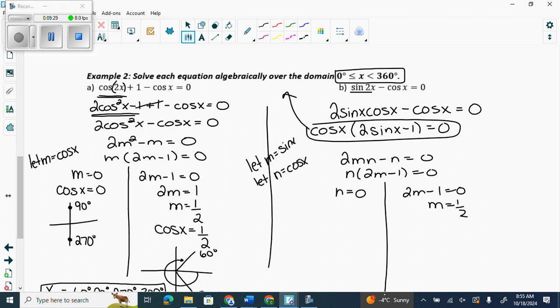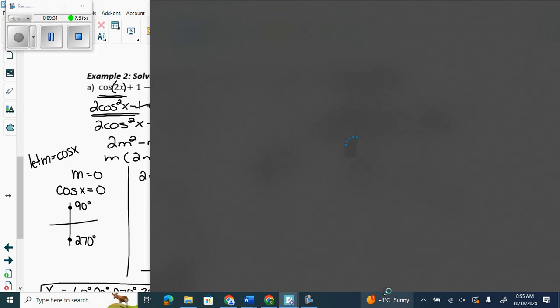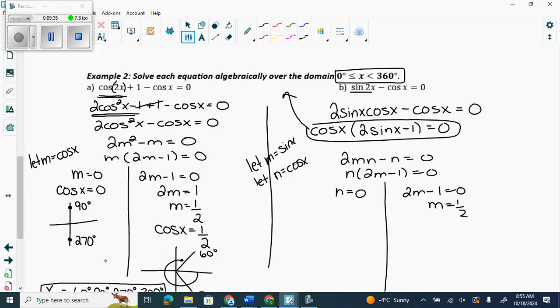What they do want to see, just so you know, because I like skipping this step, is that you do write that this equals 0 and this equals 0, but then you can skip to m equals a half. They can see how you can do that, but they want to see this step, and I like skipping it. So show that step, and then if you can go to m equals a half and not show that work, whatever.